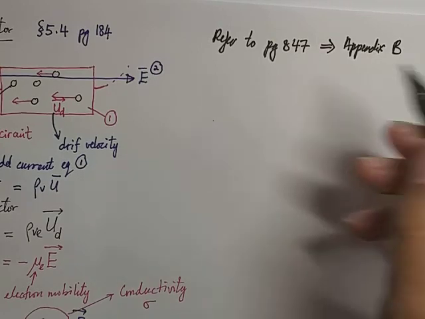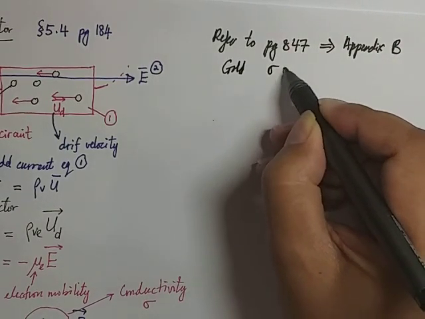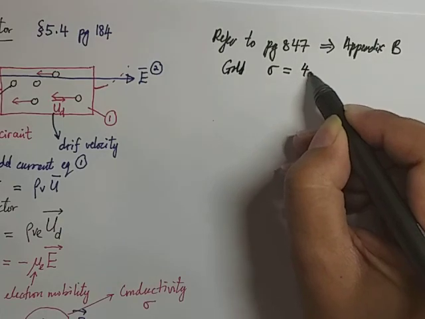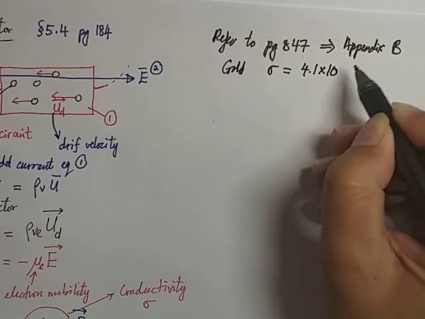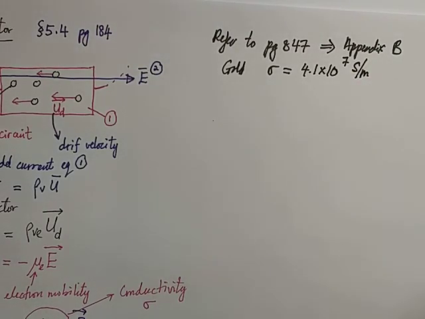For example, for gold, sigma is given as 4.1 times 10 to the power of 7 Siemens per meter. The unit for conductivity is Siemens per meter.